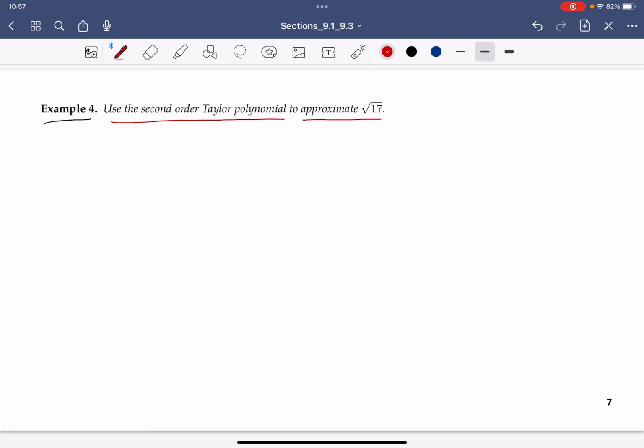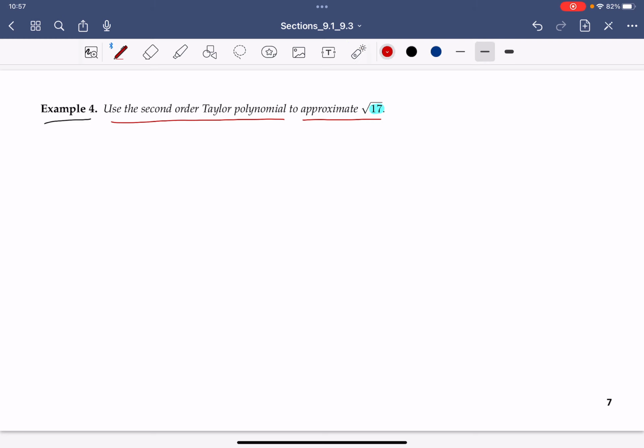But the idea is you need to pick something close to 17 and easy to compute, which we can see that the number that is super close to 17 and you can take the square root of is 16. So we're trying to do something with 16, which is going to be a good approximation for us.